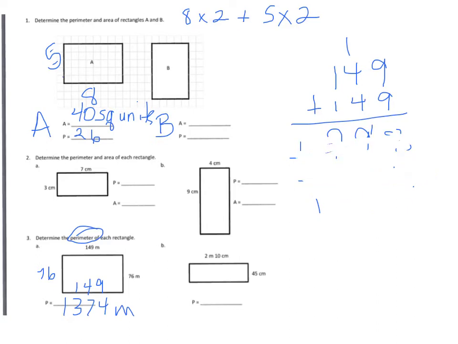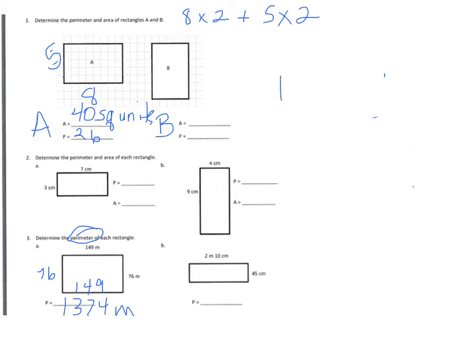Now, we talked about this a little bit today in class. We can change meters to other units of measurement using our patterns that we've just learned in multiplication. So, if we know that for every 1 meter there are 100 centimeters, how many centimeters would 1,374 be?